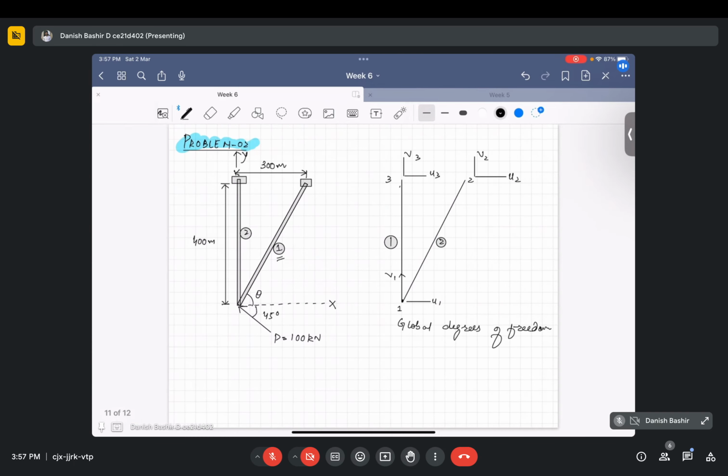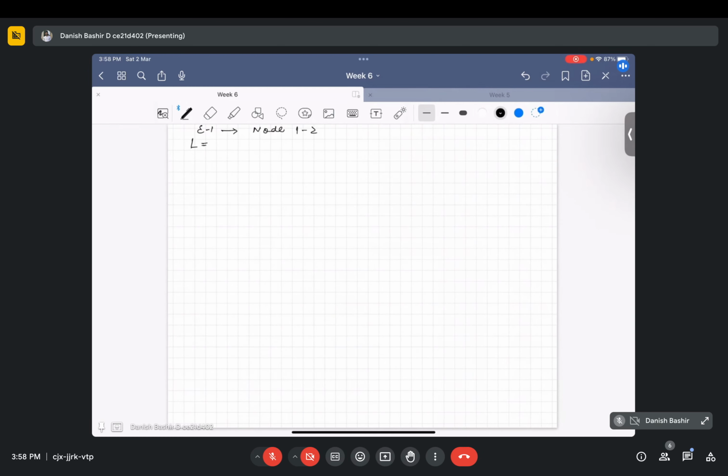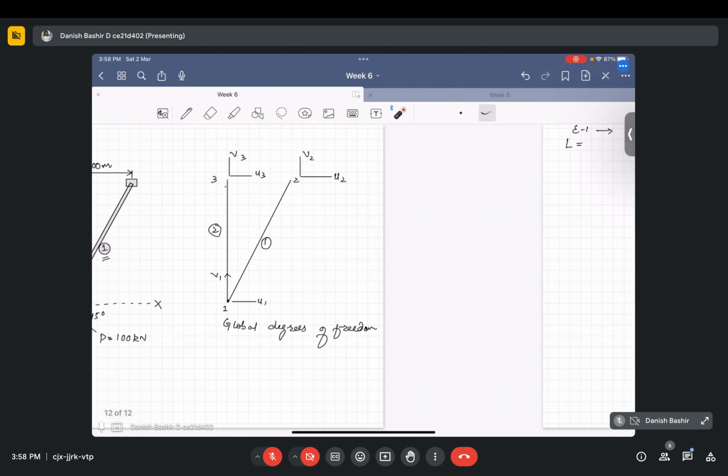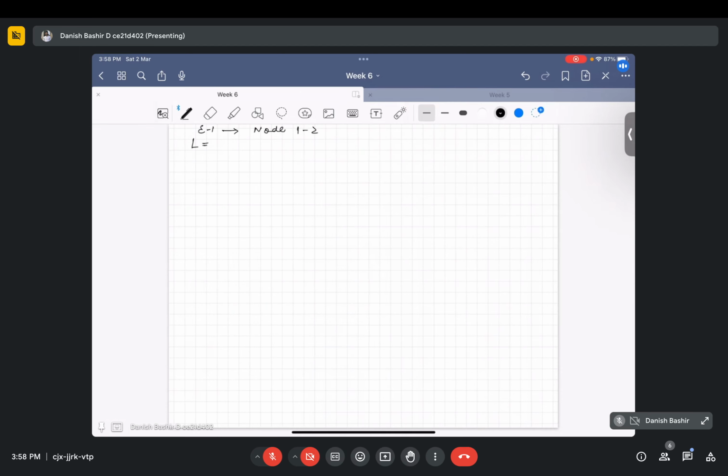Look, this is element 1, this is 1, this is 2. So it is from node 1 to node 2, and its L will be simply equal, this is 300, this is 400. So this will be 500 from Pythagoras theorem. L will be simply 500 meter.